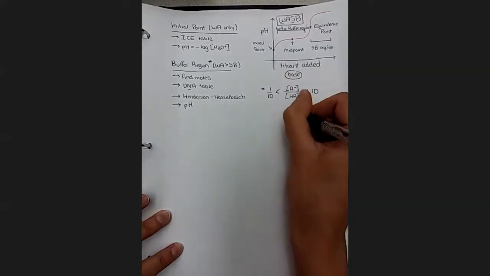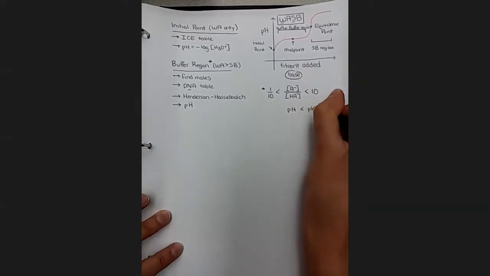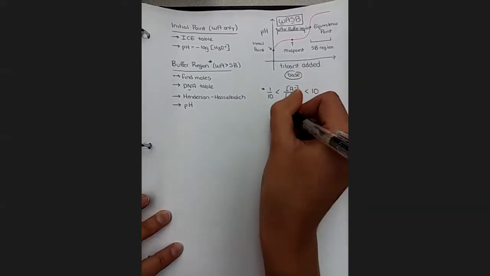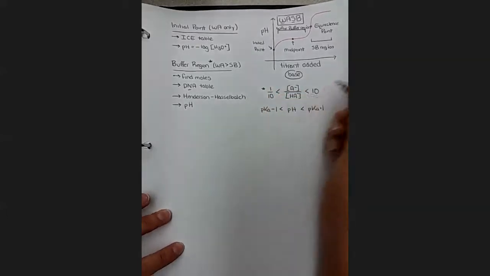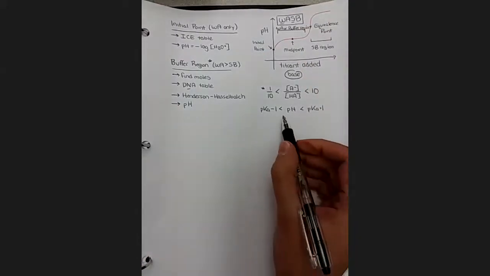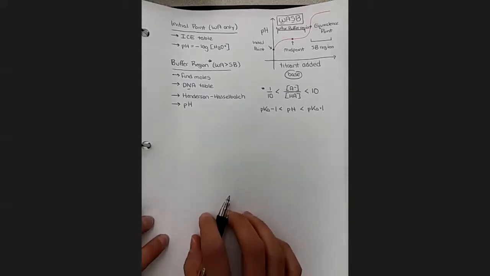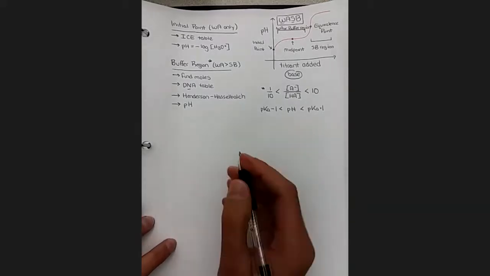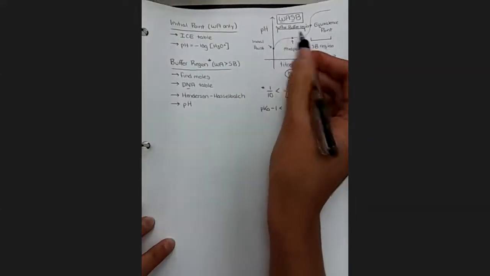Or in other words, the pH of the solution needs to be between the pKa plus 1 and the pKa minus 1. So there's a slight region at the beginning and the end where the pH is not within this region, and there would be a different way of solving it, but we are not going to talk about that in this video. So we've got initial, we've got buffer region.